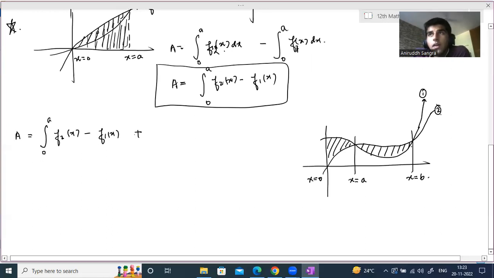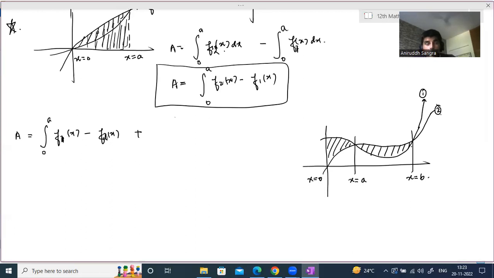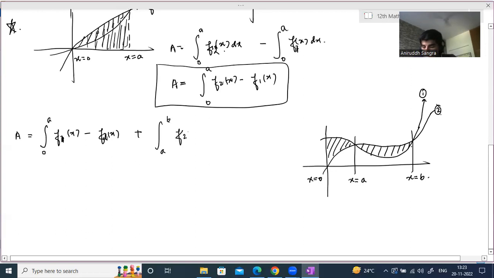Sir, maybe I didn't say it wrong, f1x will not come in that. Yes, f1 will come. You are absolutely right, because 1 is bigger than f2 in that case. So plus the integral of a to b of f2x minus f1x.